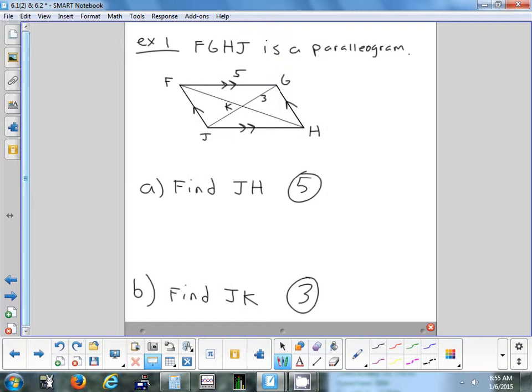Parallelograms don't have to be regular. In these parallelograms, all the angles are not the same and all the sides aren't the same. The only quadrilateral that is a regular parallelogram would be a square. Both pairs of opposite sides are parallel. All sides are the same in a square. All angles are the same in a square. But that'd be the only one.